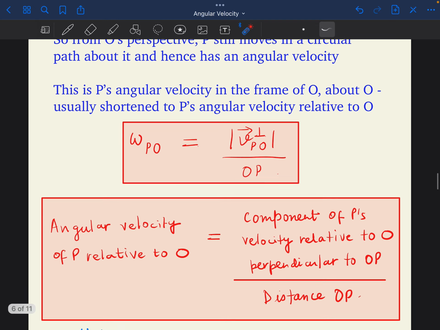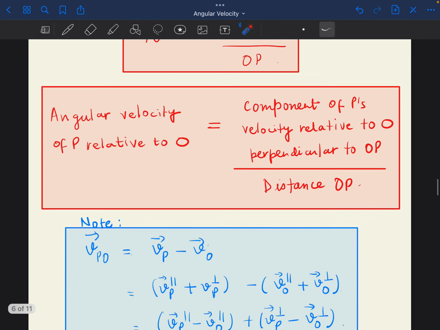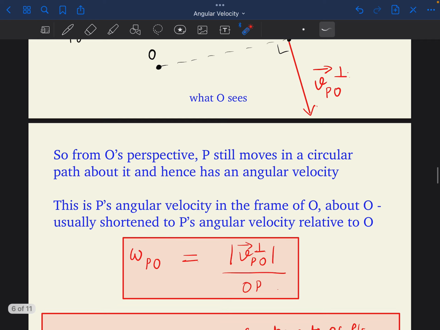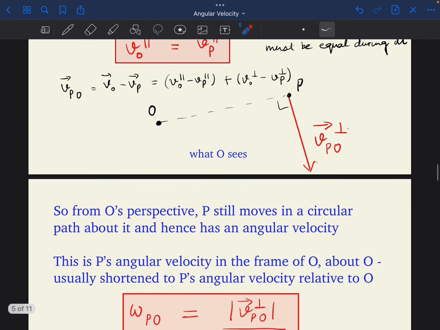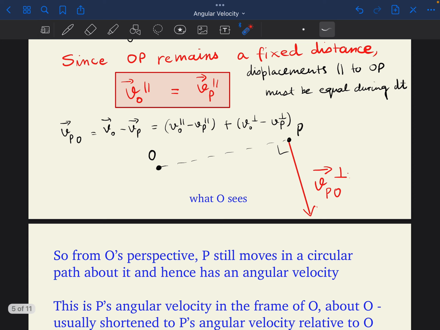So again, it is defined in the same way, that angular velocity of P relative to O is the component of the velocity of P relative to O and perpendicular to OP, right? So in general, let us go back a little bit, so that I can make it absolutely clear, so that you can go back and say that we got the concept in a crystal clear manner.